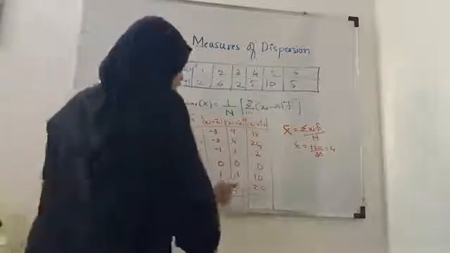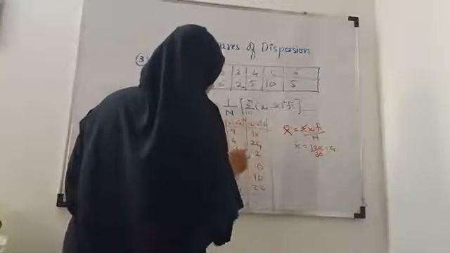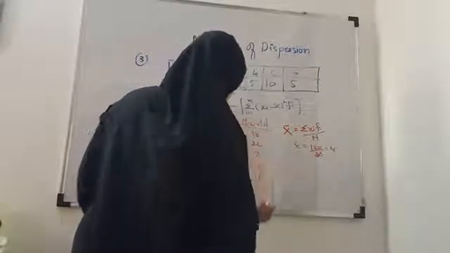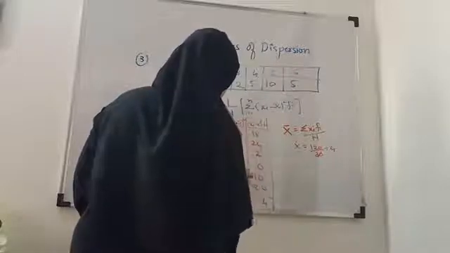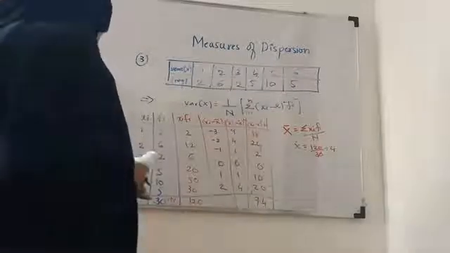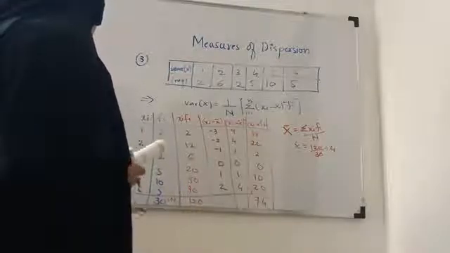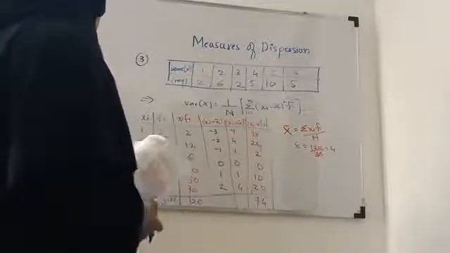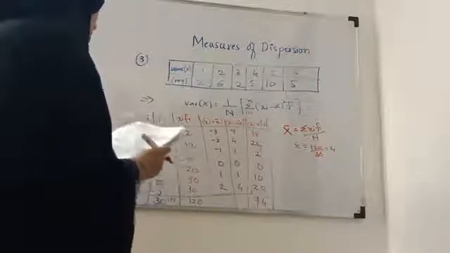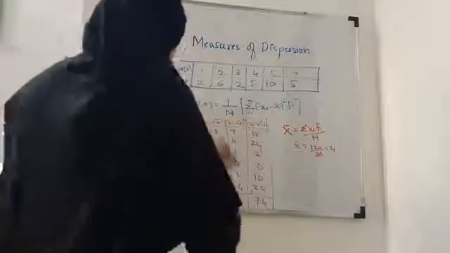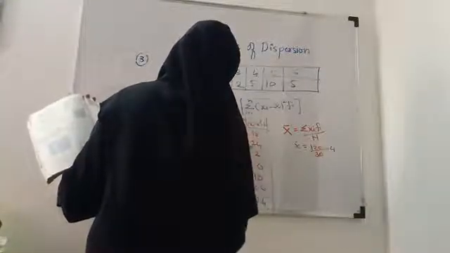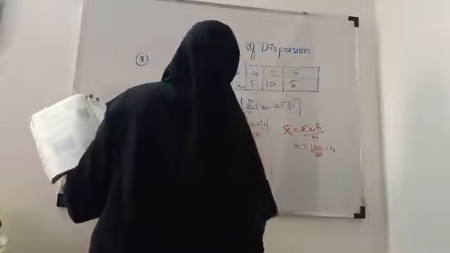Now the addition: 18, 24, 2, 0, 10, 20. In the textbook they have used a different formula, the second formula. So here this is 18, 42, 44, 44, 54, 74.